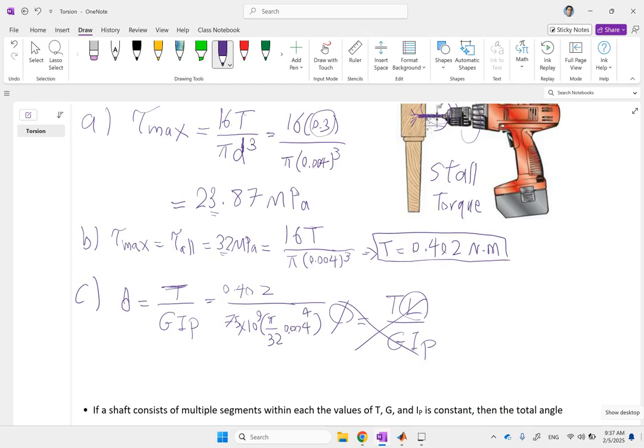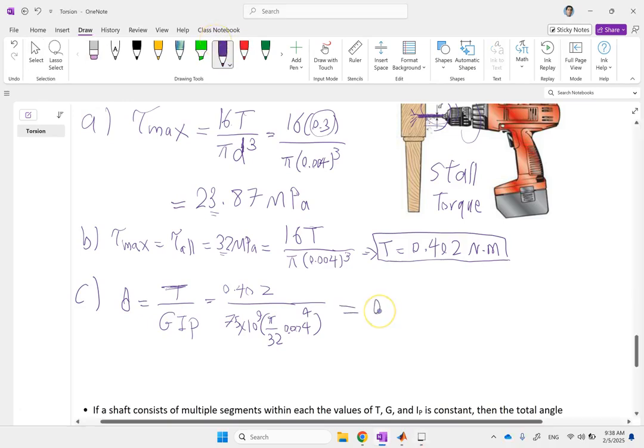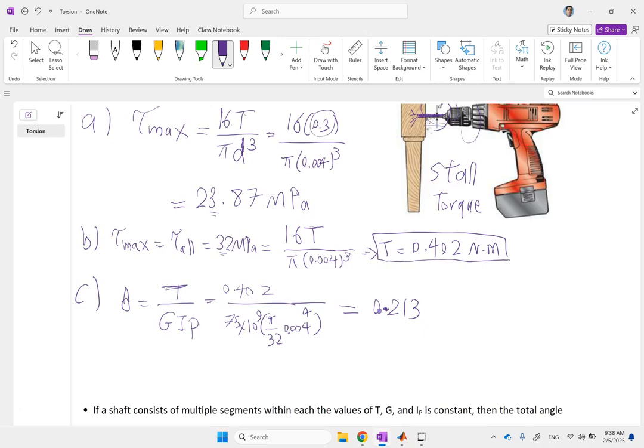So it was this guy, correct? So that is all we need to calculate, and let's get this number. And this is the number that you will get. Remember, this is d phi over dx, so it is radian per meter. Okay, and that is the rate of twist.